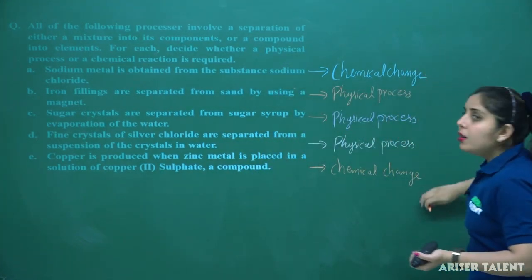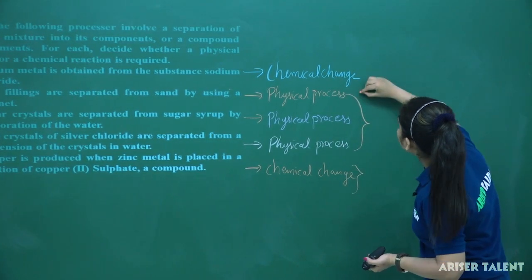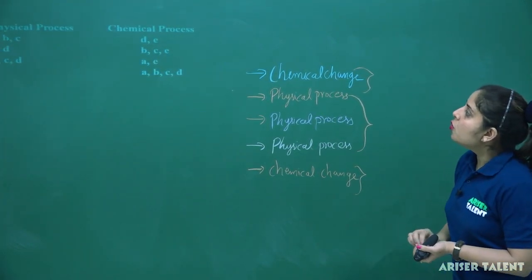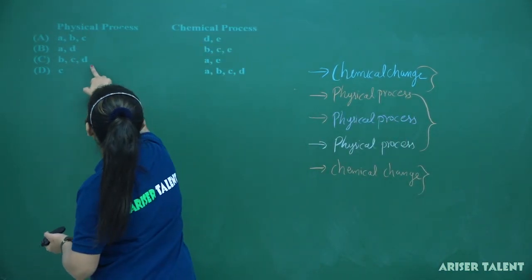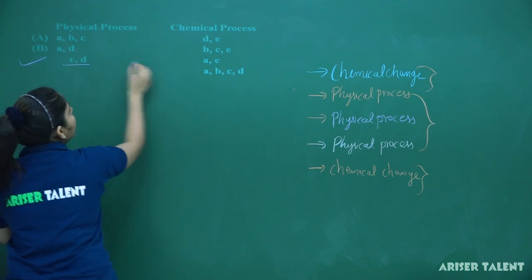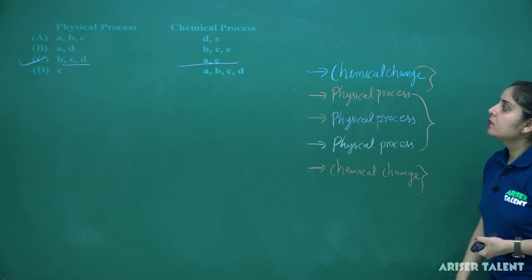So, among all these, B, C, D are the physical processes and A and E are the chemical ones. So, the correct option here will be option number C.